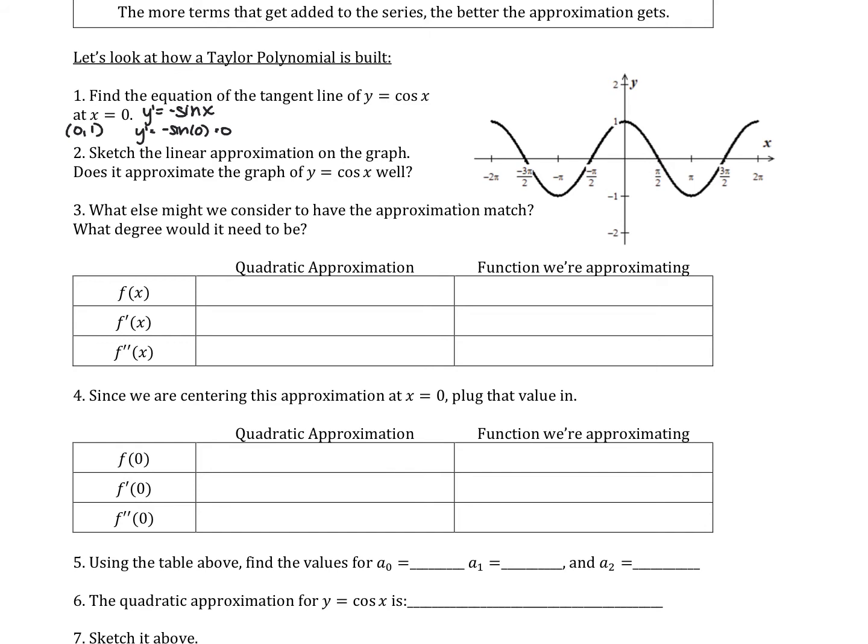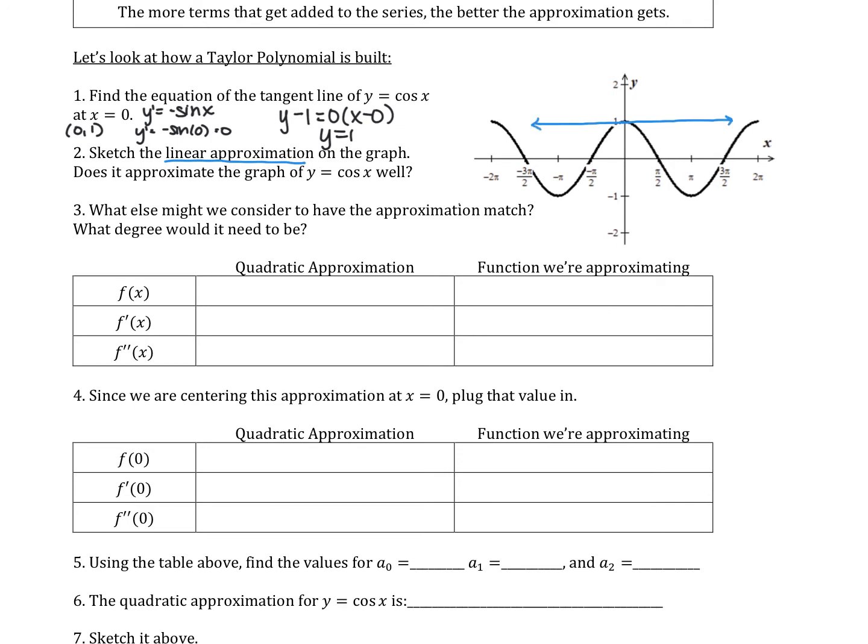And so my equation for the tangent line would be y minus 1 equals 0 times x minus 0, which means I get the equation y equals 1. So let's graph this line. I'm going to go ahead and sketch this linear approximation in blue. And so the line y equals 1 is something like this.